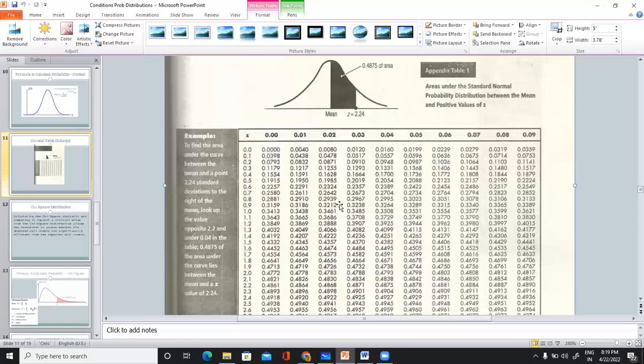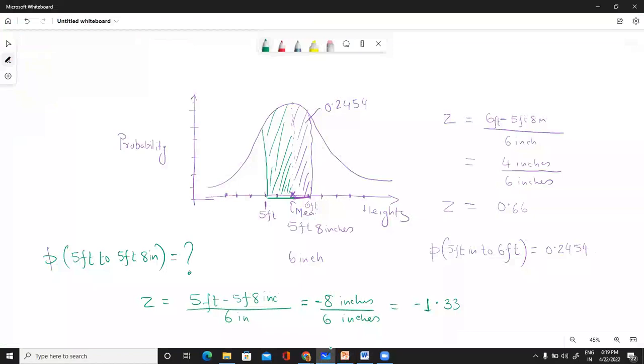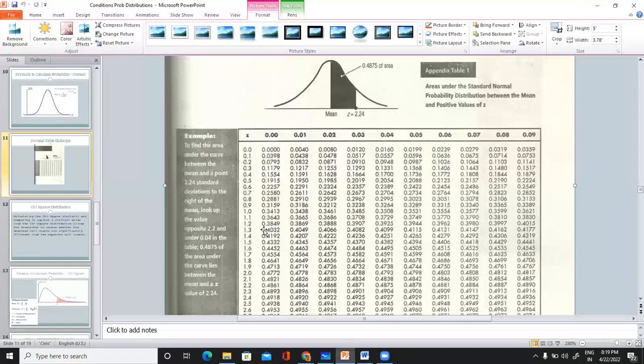So the area between the mean and plus 1.33 will be the same as the area between the mean and minus 1.33. So we can ignore the negative sign.